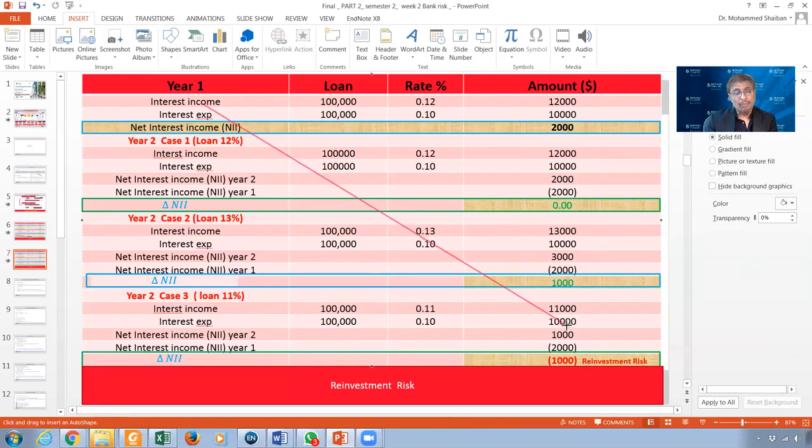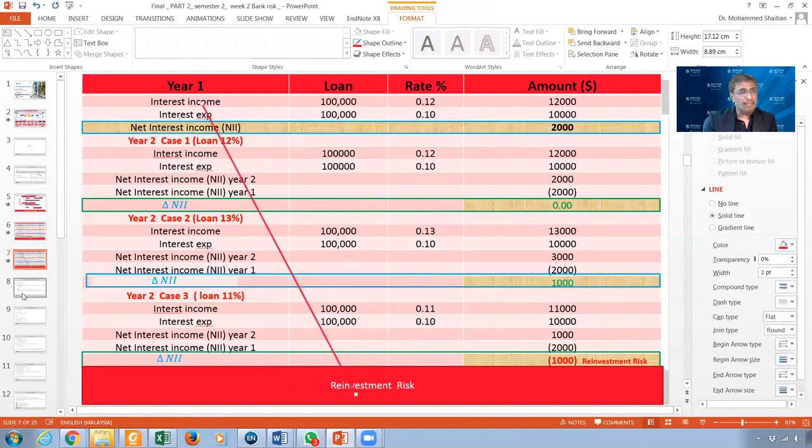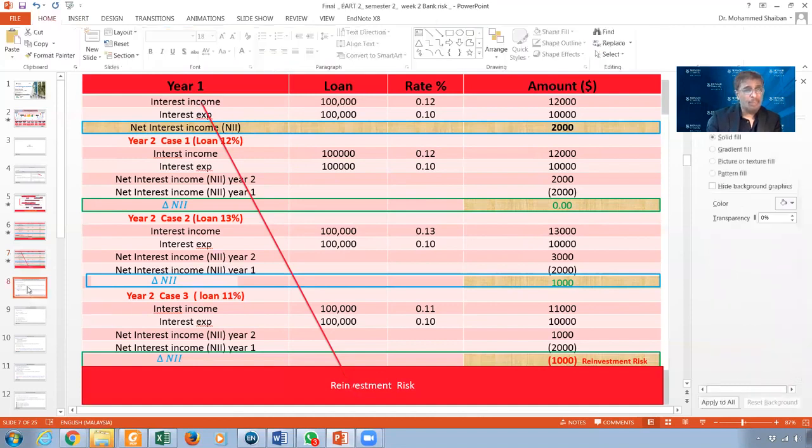I pay 10 million for the second year. So in this case, I am getting only 1 million. The difference, I used to have 2 million. So the difference is 1, and this is what we call reinvestment risk. Having said that, I think this is usually a very important issue to know. It's very straightforward, but it's easy.